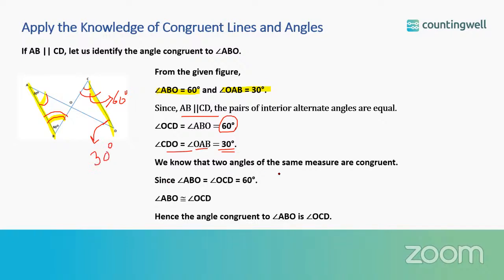We know that two angles of the same measure are congruent. So we found angle ABO is equal to angle OCD, which is 60 degrees. Therefore, angle ABO is congruent to angle OCD. Hence, we have applied the knowledge of congruency of angles here and identified the angle congruent to angle ABO, which is angle OCD.